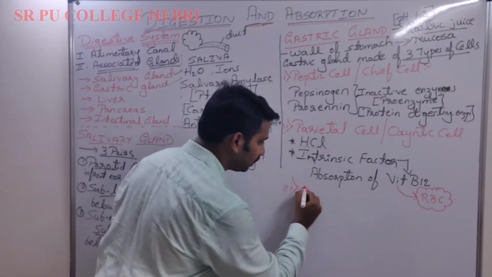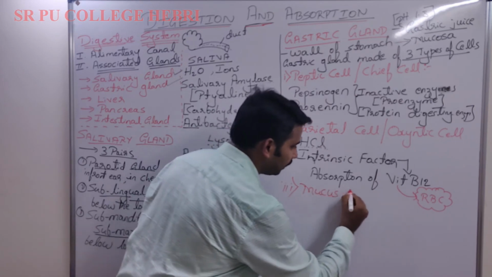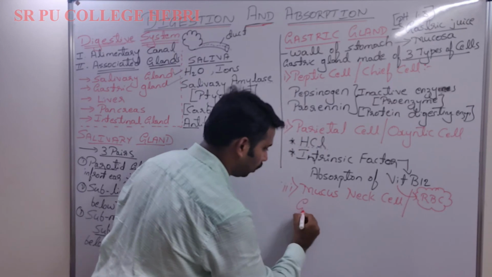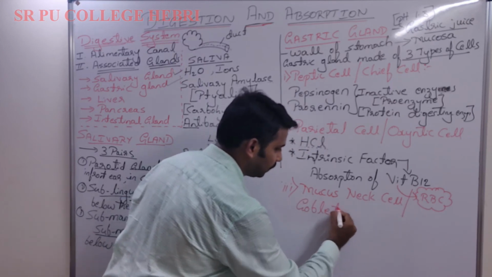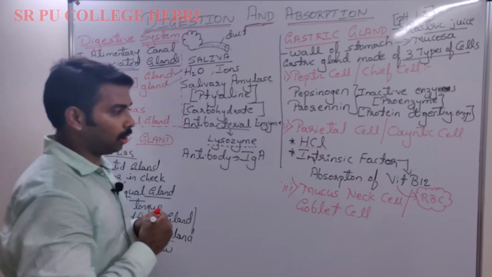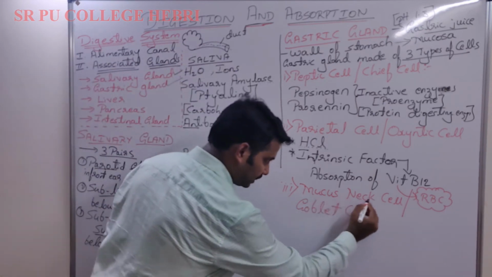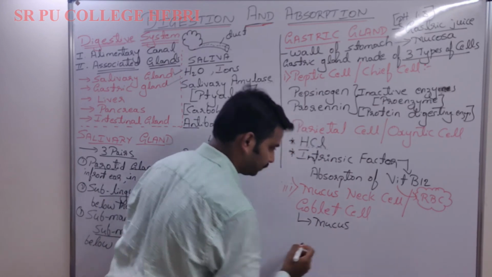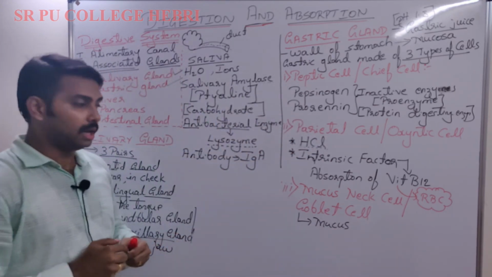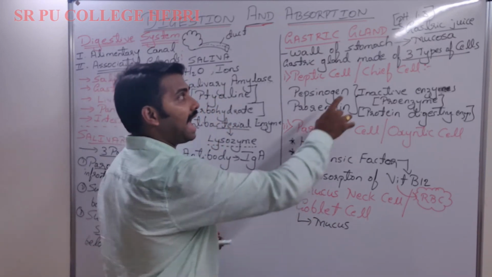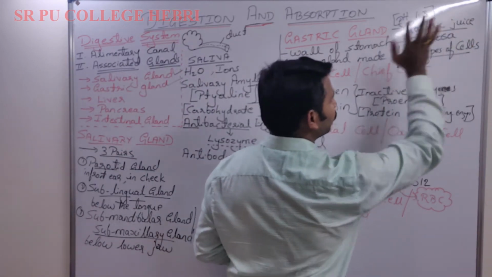The third cell is mucous neck cell, or it is also called goblet cell. Name itself tells it produces what? Mucus. It produces mucus that neutralizes acidic nature of which one?